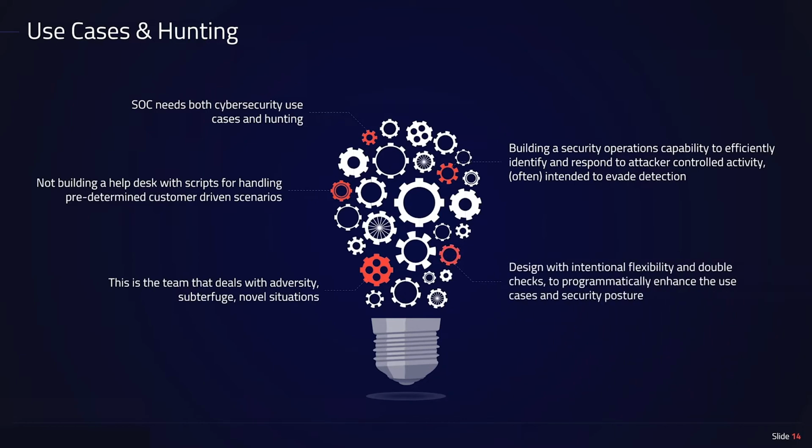Okay. In order to do that, I need to design my SOC with intentional flexibility, and I need to acknowledge that I must expend resources for double checking when we have things in place. I need to be able to do that efficiently, but I need to be able to do that.